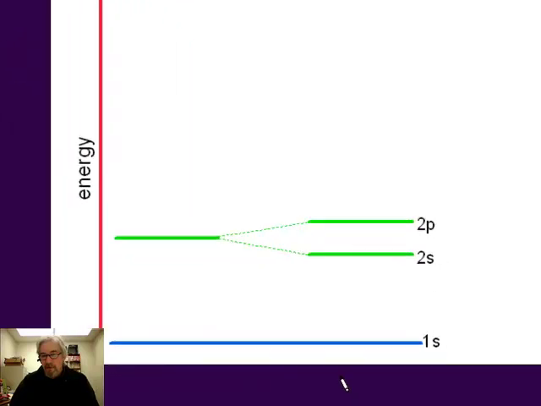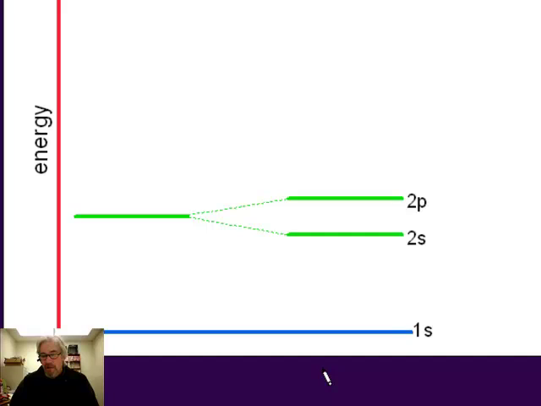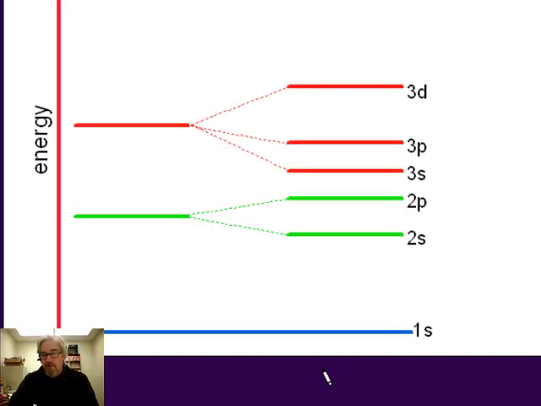So there's a 2s and a 2p. 2s is slightly lower energy, 2p is slightly higher energy. The next level is 3, but 3 is split 3 ways because there are 3 possible values of l. So there's a 3s subshell, a 3p subshell, and a 3d subshell. Now, as electrons enter an atom on this chart, they enter the lowest possible level that they can find, and then they move up only after that level is full.